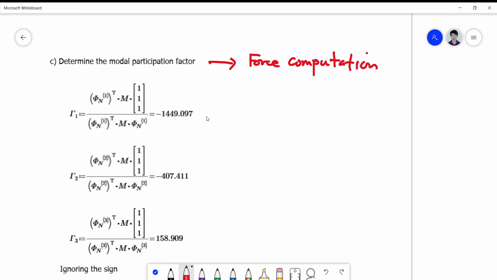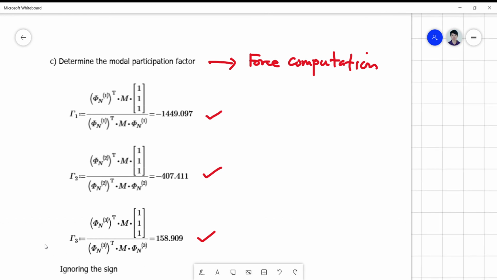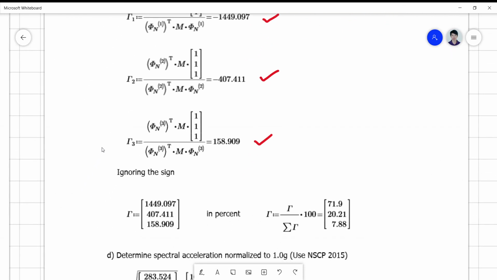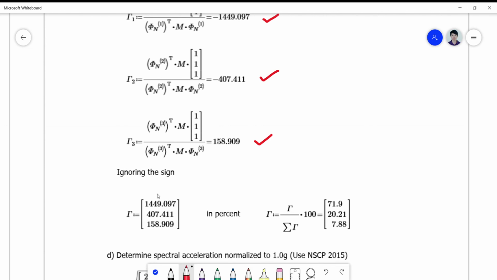So we have here values, and again the signs are not that important, because later on the sign will just be squared, and therefore your value will still be positive. Okay, so ignoring the sign, we call these the modal participation factors.